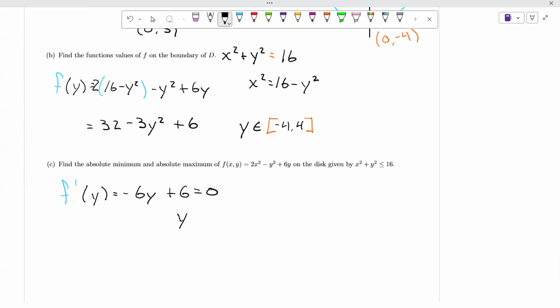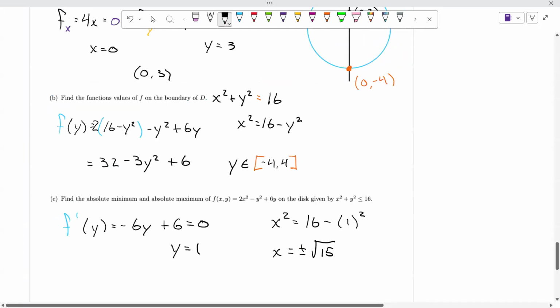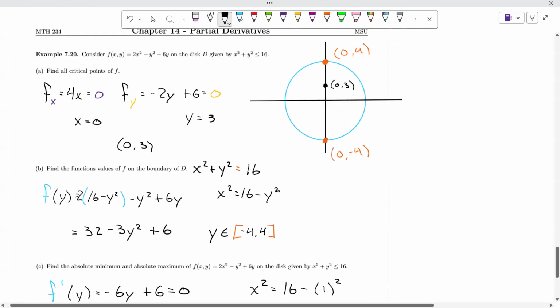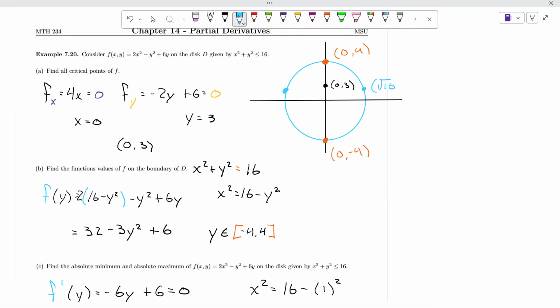It's equal to 0, so y is 1, giving me the result x squared is equal to 16 minus 1 squared. So x will be plus or minus the square root of 15. So if I come back up and plot those 2 points, they are right there at root 15, 1 and negative root 15, 1.